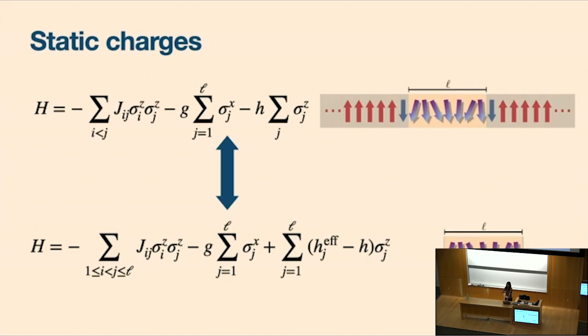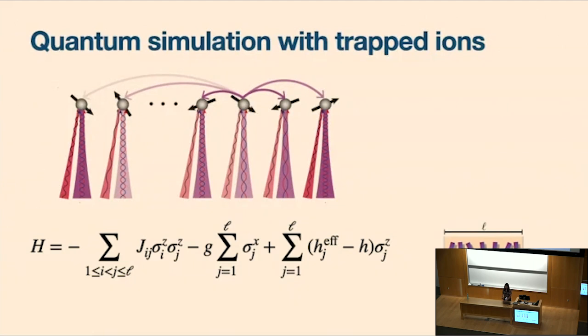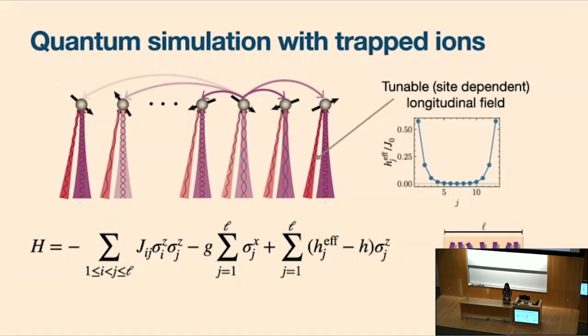So now we need to simulate this spin chain, this Hamiltonian of L spins with some inhomogeneous longitudinal field. And the good news is that our experimental collaborators are actually able to engineer a tunable longitudinal field of this form.